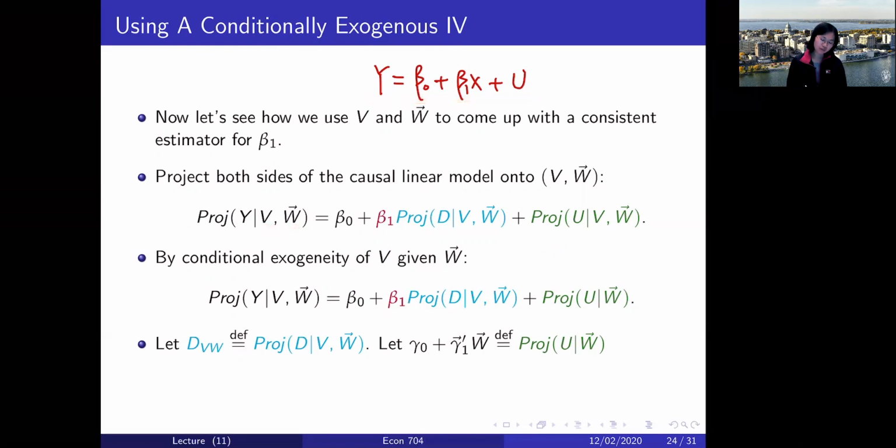So we project Y on both V and W. We get beta 0 plus beta 1 times, was I using X or D? So it should be X. I'm mixing up the notation here.